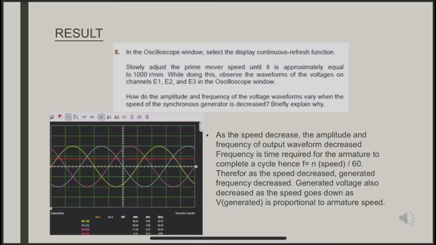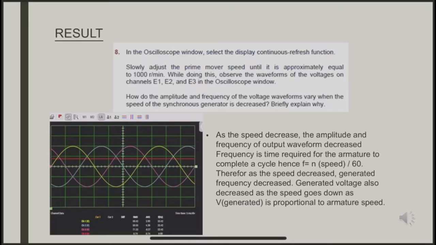In the oscilloscope window, when the prime mover speed is approximately equal to 1000, the waveform is like this, as shown.